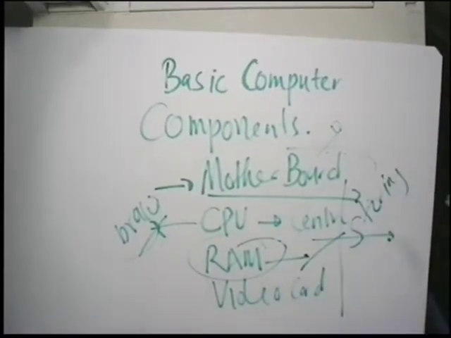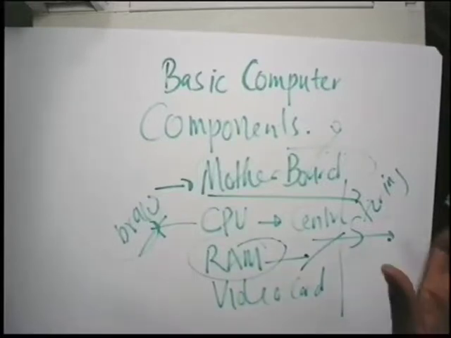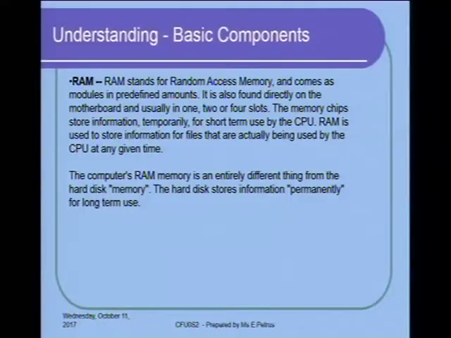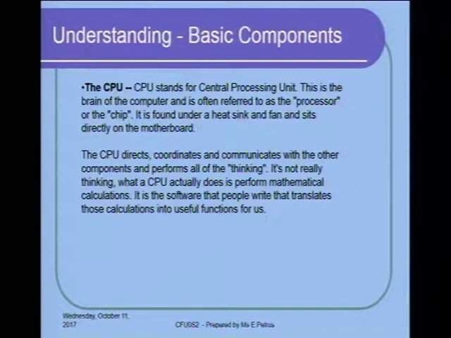Whatever information you enter on the computer will be saved first in the RAM. RAM is used to store information for files that are actually being used by the CPU at any given time. The computer's RAM is an entirely different thing from hard disk memory. The hard disk stores information permanently for long-term use, right?